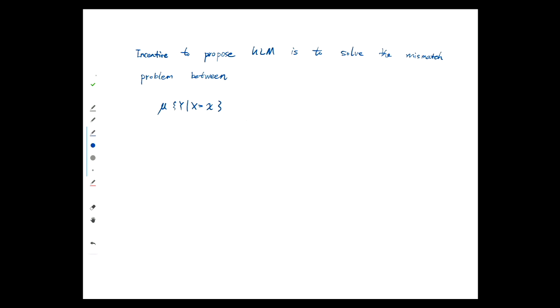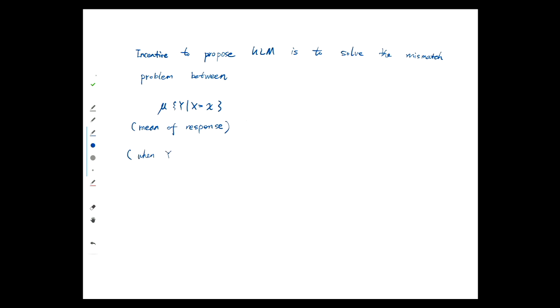The incentive to propose GLM is to solve the mismatch problem between mu of y given x equals x, that is the mean of the response, and our linear regression line, beta 0 plus beta 1 x.